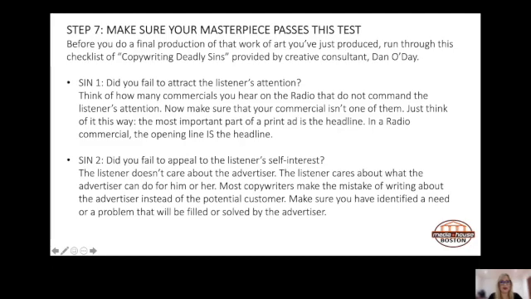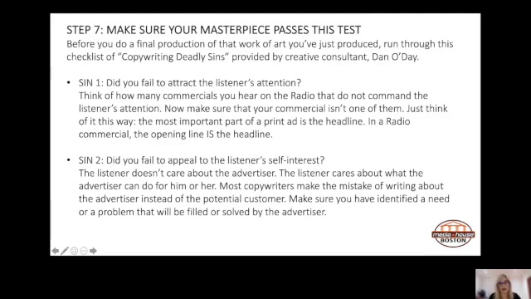Step 7, make sure your masterpiece passes this test. Before you do a final production of the work of art that you've just produced, run through this checklist of copywriting deadly sins provided by creative consultant Dan O'Day. Sin number 1, do you fail to attract the listener's attention?